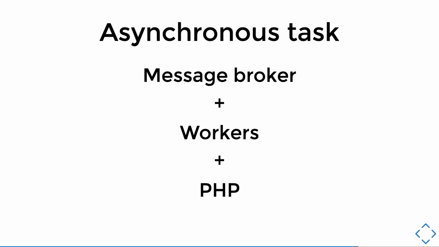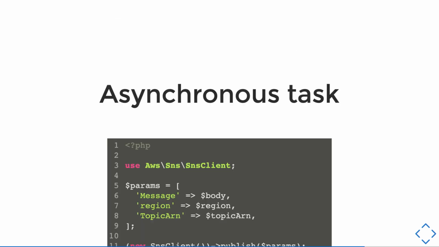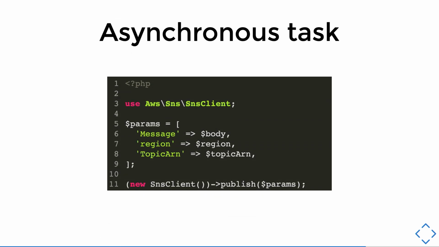Again, our stack is so simple, and we want to keep it that way. We have just a message broker, so here it is SQS, but it could be RabbitMQ or something else. And we have just some workers in PHP who will process the message. Well, I just put a piece of code here.